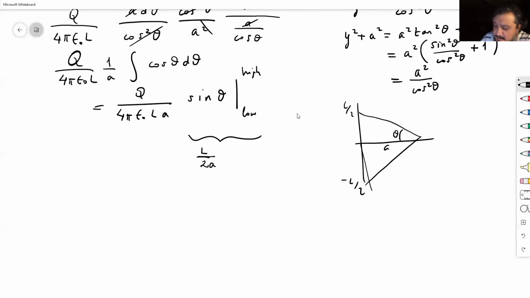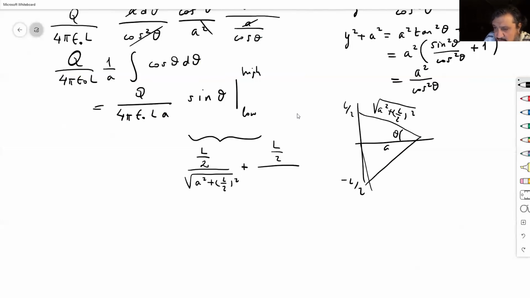I'm sorry, not A. That would be tangent, right? L over 2 divided by the square root of A squared plus L over 2 squared. Minus the lower limit will have another minus sign, so it'll make it positive.